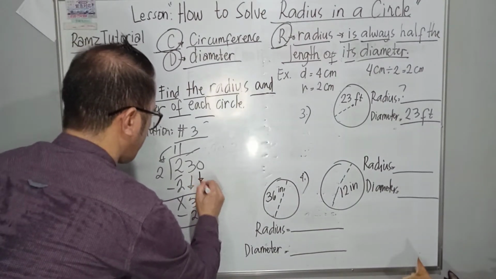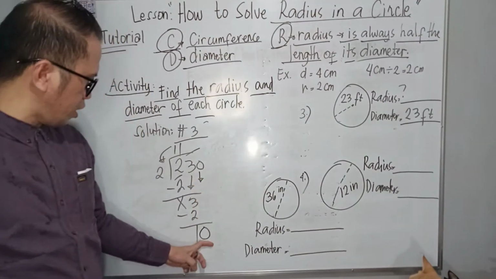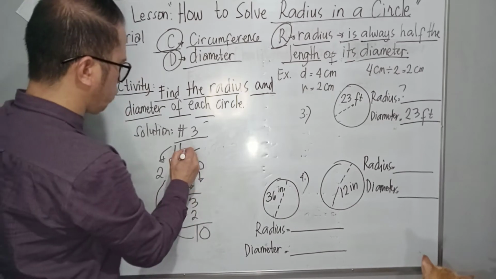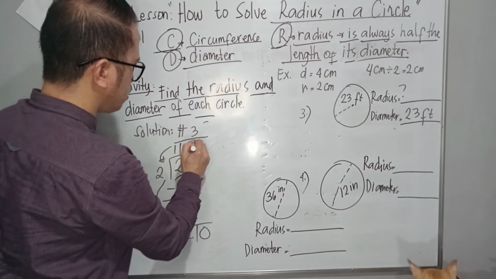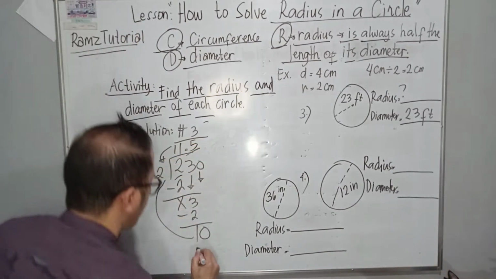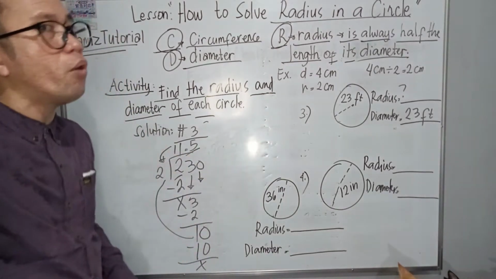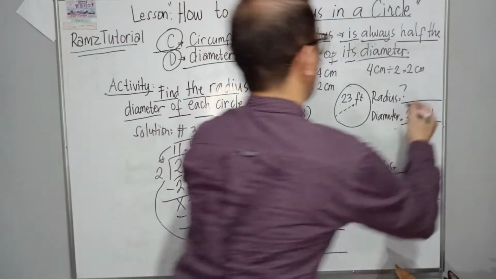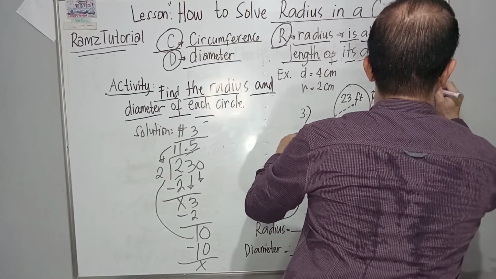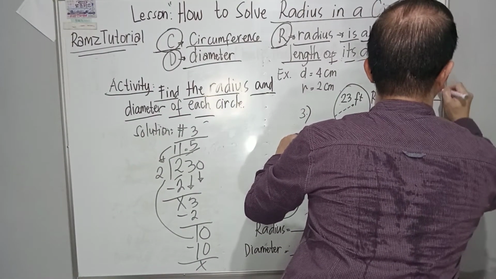So bring down 0 here to make it a whole number. Now 10 divided by 2, so we need to put a decimal point, don't forget that. Then 5 times 2, guys, is 10. So now our answer is 11.5. Our radius here is 11.5, and don't forget the unit of measure, feet.